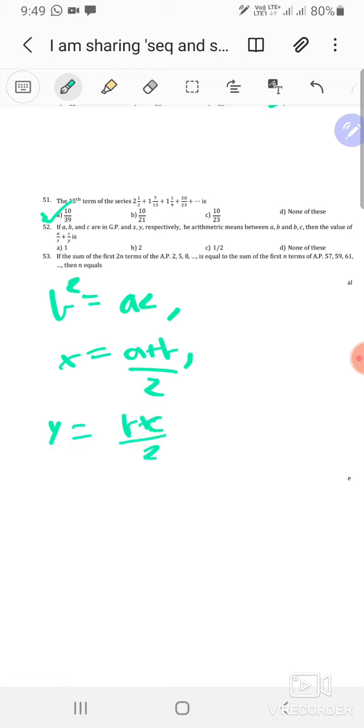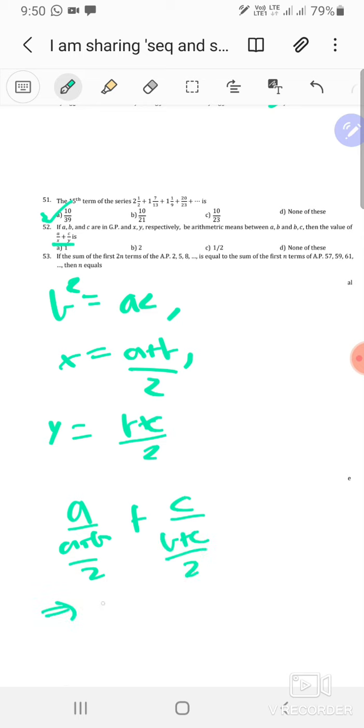So now we'll just put these values into this expression and hope for the best. So A upon x, A upon (A plus B) upon 2, plus C upon (B plus C) upon 2. So that gives me 2A upon A plus B plus 2C upon B plus C, and now it's just simplification.